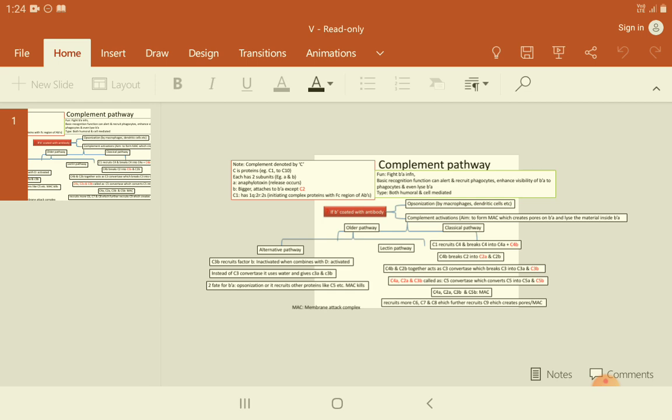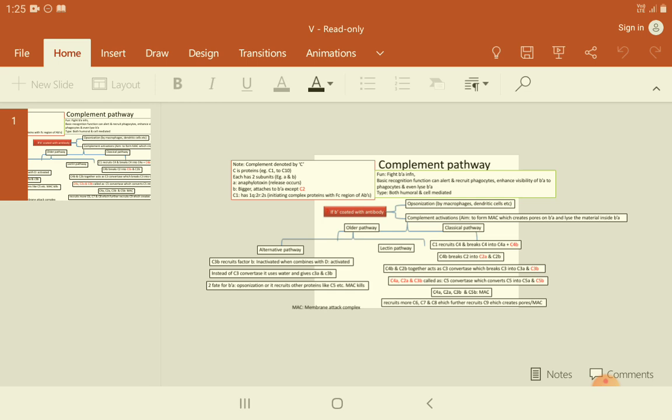Like the classical pathway requires the enzyme convertase for converting, for example, C3 into C3A and C3B, but here it requires water, so it gives C3A and C3B.